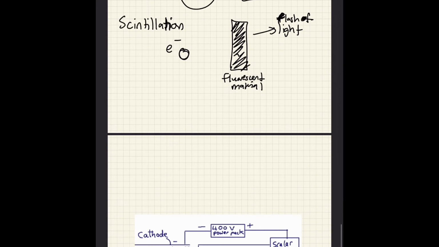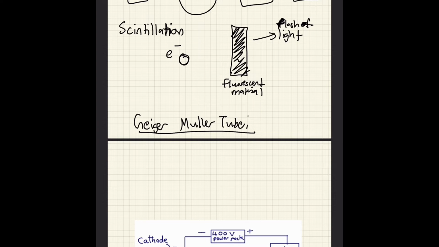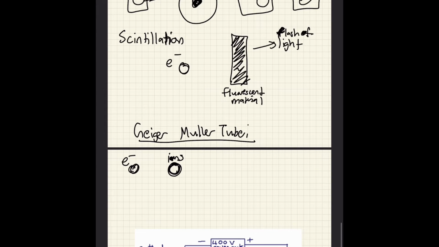Another way is using the Geiger-Müller tube. And how this works is as follows. You have your high energy particle, and that ionizes the atoms, causing the release of electrons and more ions. These electrons and ions can also have lots of energy, because some of the energy is still transferred as kinetic energy.